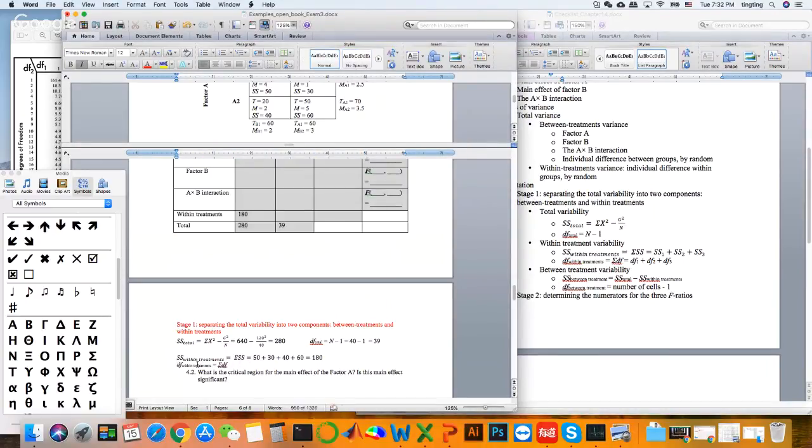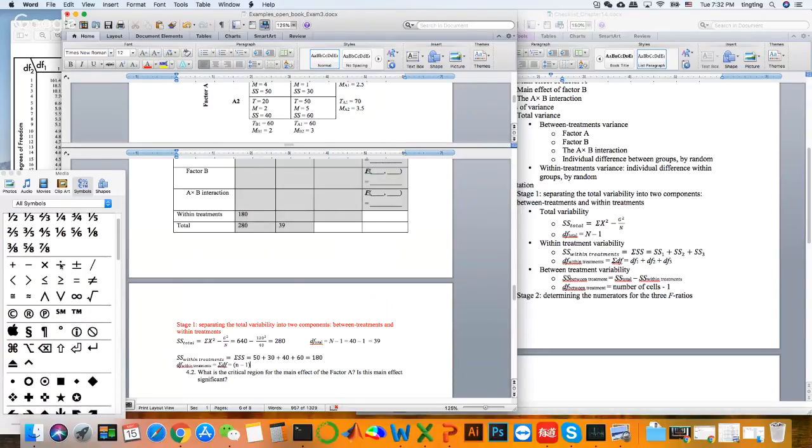And then its degrees of freedom, right? So df equals n minus 1 times k, if we have an equal number of subjects in each condition.